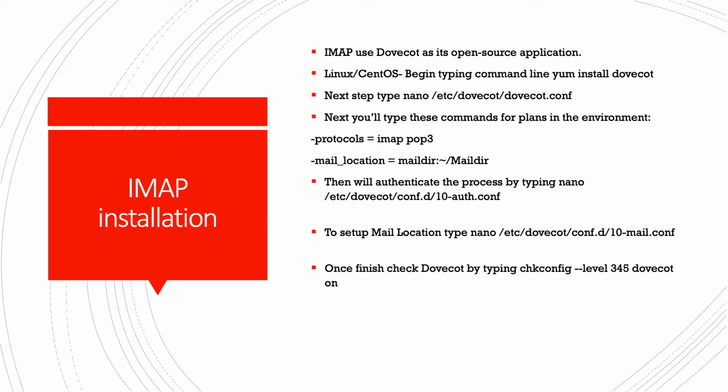For the installation, as we talked about in the SMTP presentation, Dovecot is one of the applications to use, which is open source with IMAP and is designed specifically for Linux and Unix operating systems.